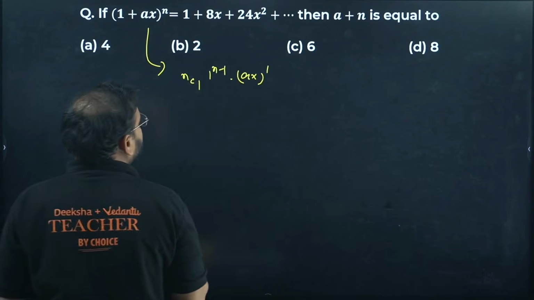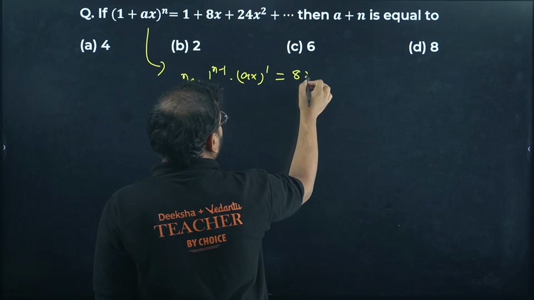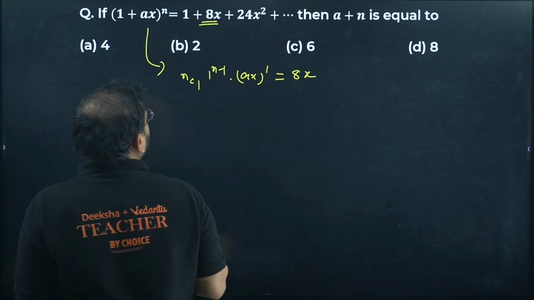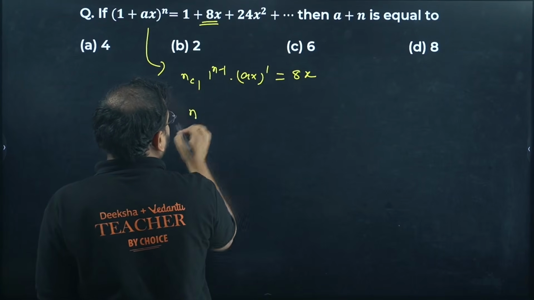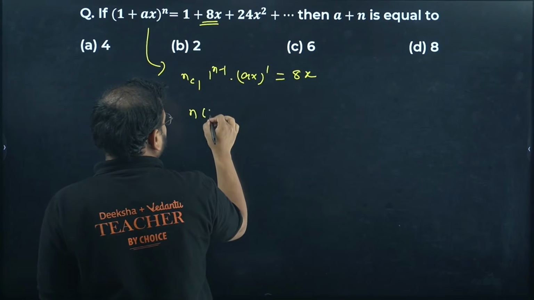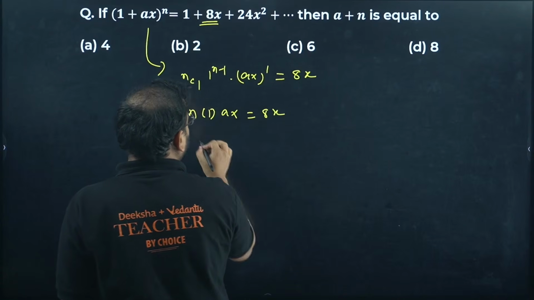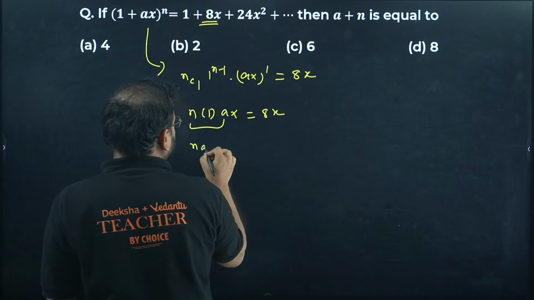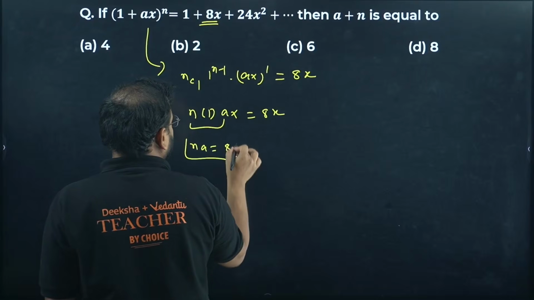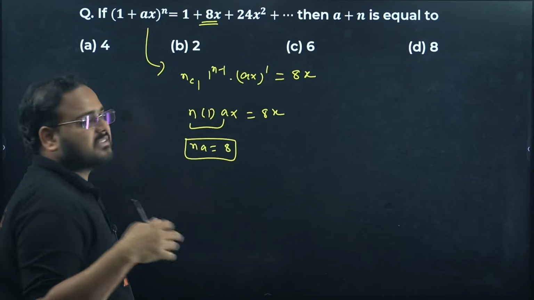This is my second term going to be. And this should be equal to what, sir? 8x, because the second term is 8x. So right here nC1 is nothing but n, 1 power anything is going to be 1 only, and this is nothing but ax. This is 8x. Compare over here, sir. na equals 8.